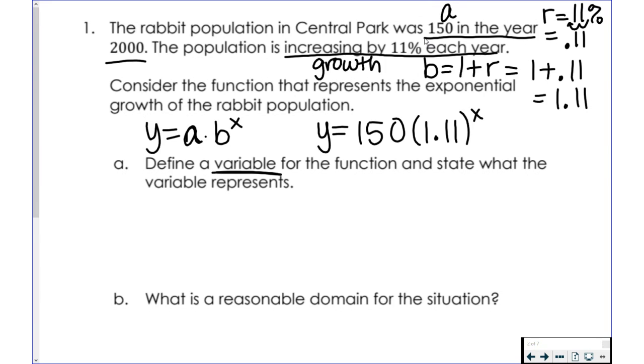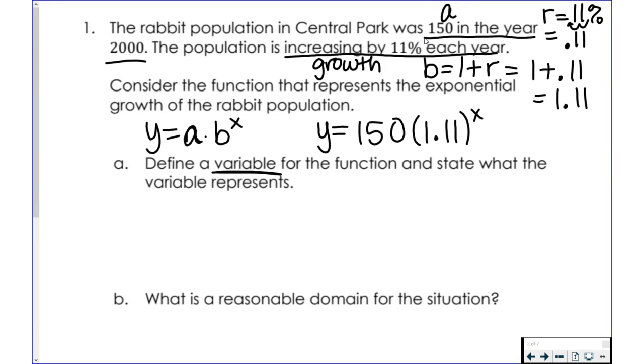B is not a variable. Variable, think of the word varies, right? A variable is something that changes. A is never going to change. I was told that we start with 150, so A is always going to be 150. So that is not a variable.